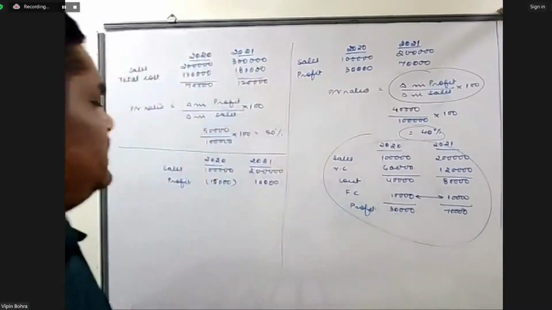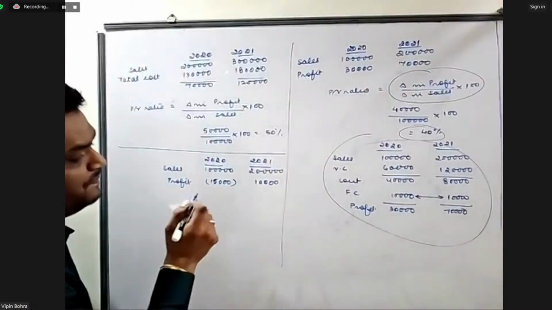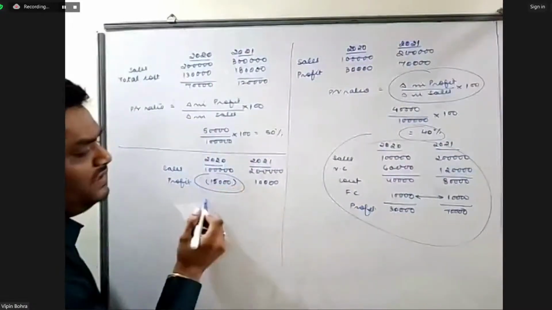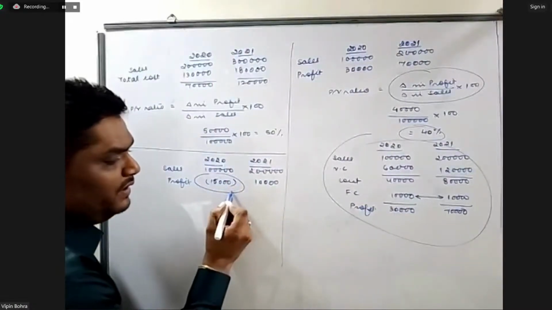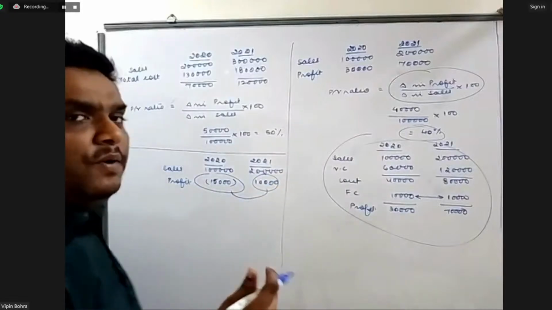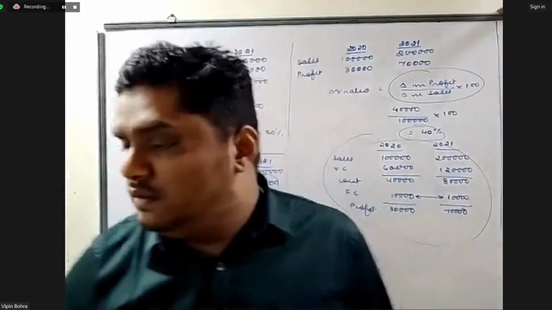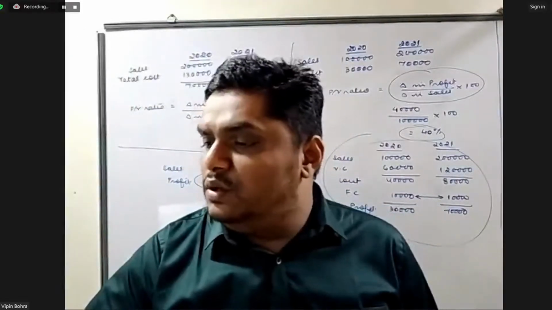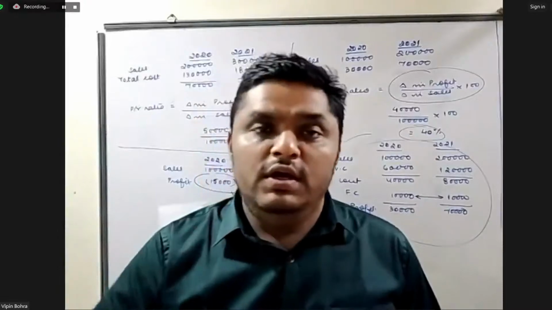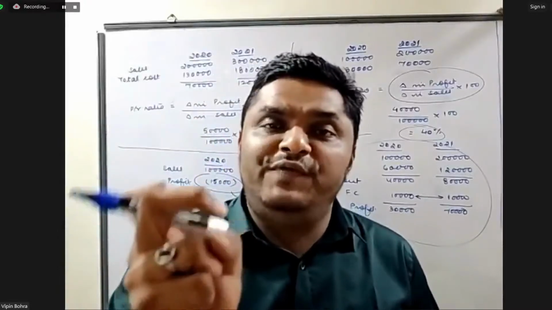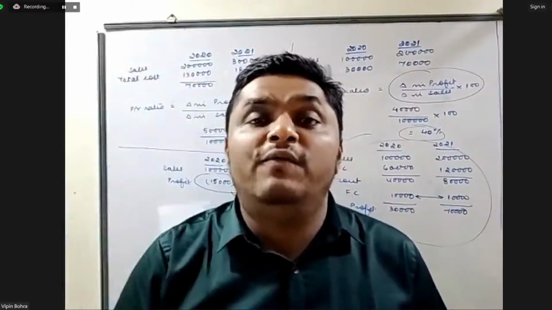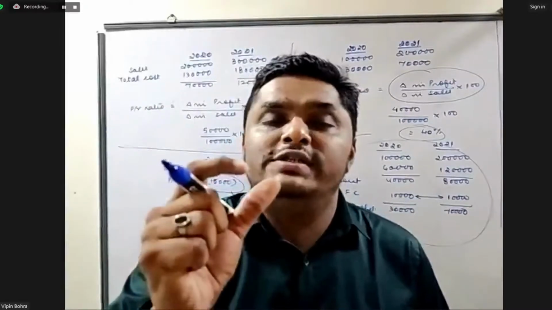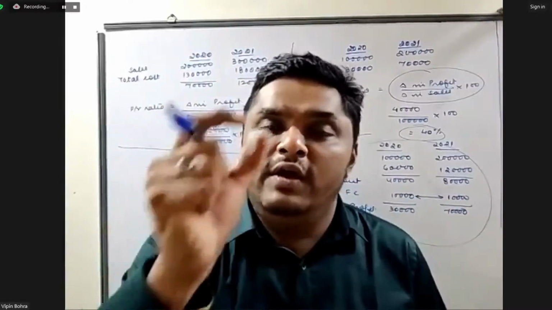For the students whose answers were incorrect, very simple. In the first year, there is a loss of 15,000, and in the second year, there is a profit of 10,000. Now it is correct, Mr. Manohar. Avinash, correct answer. So overall change is how much? 25,000.